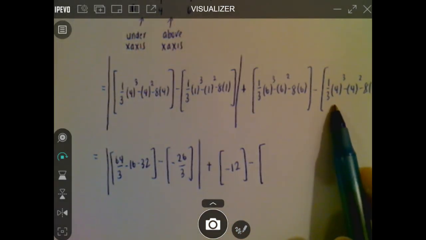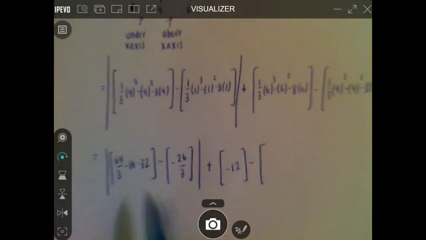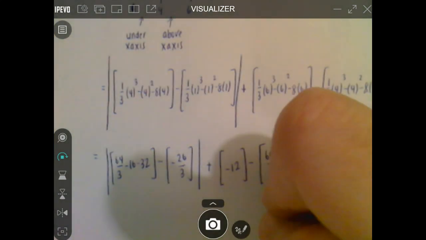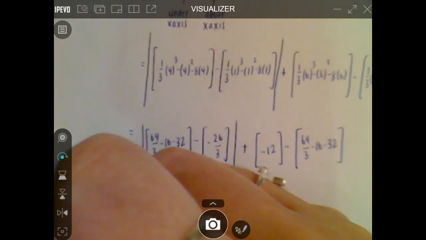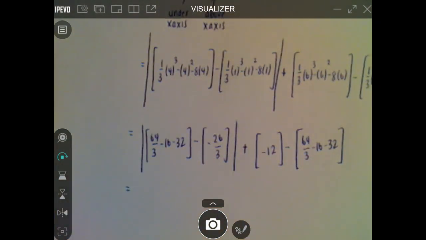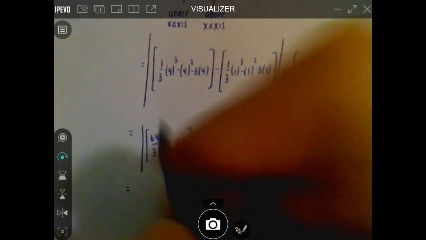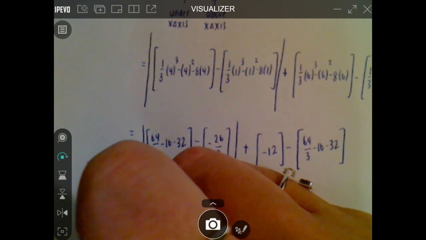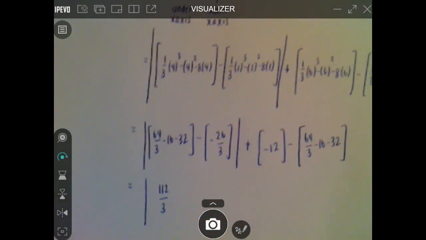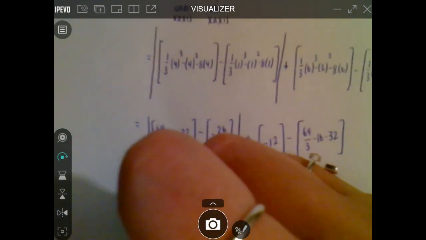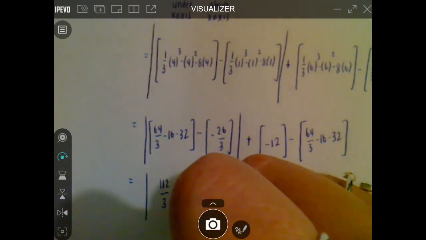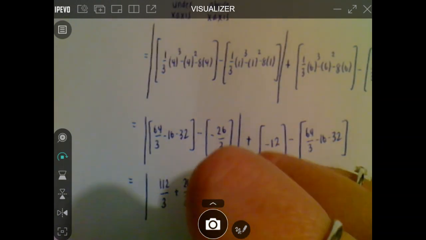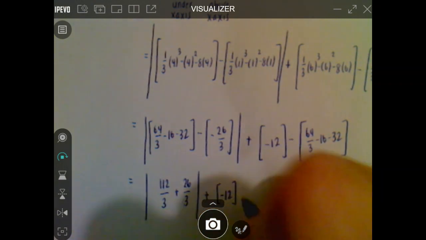And then this is actually going to be, looks like the same calculation as this. So 64/3 minus 16 minus 32. So I think this ends up being, let's see, 112/3. And then we're adding 26/3. This is still all in absolute values. And then this is going to be adding negative 12.